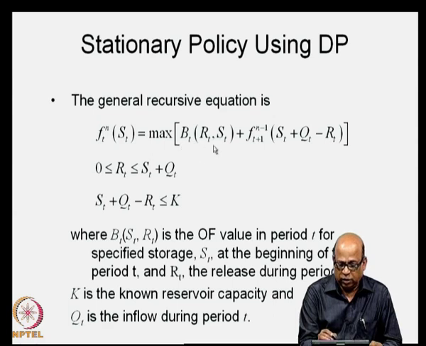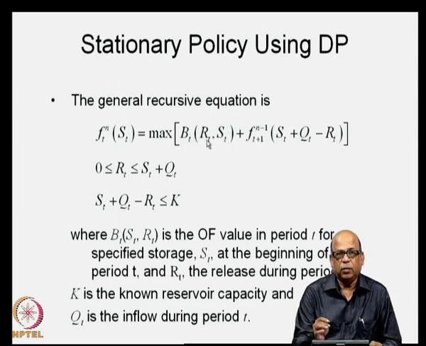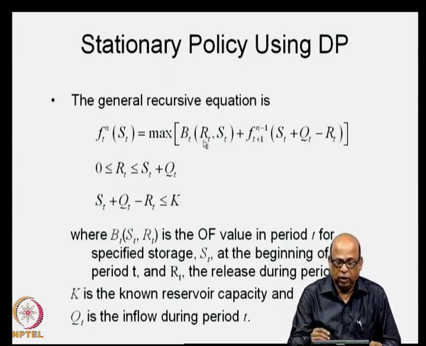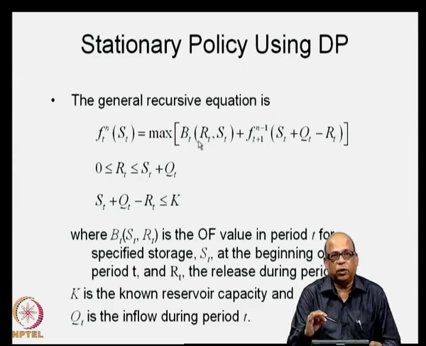You get an immediate return, which is in general a function of the release that you make as well as a storage. For example, you may have returns associated with water supply, which is for release. You may have returns associated with hydropower, which will depend both on the storage as well as on the release, and so on. So, in general, the benefits or the returns that you get out of the operating policy will be functions of both the release as well as the storage.